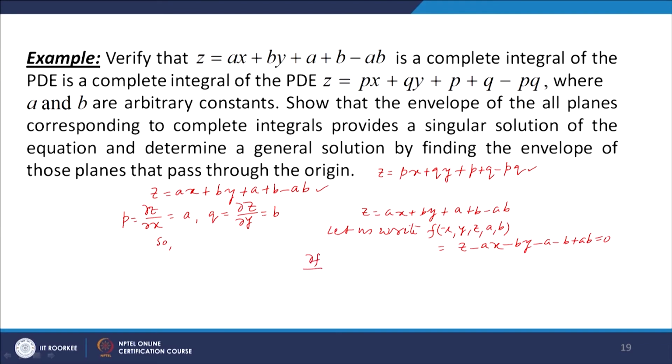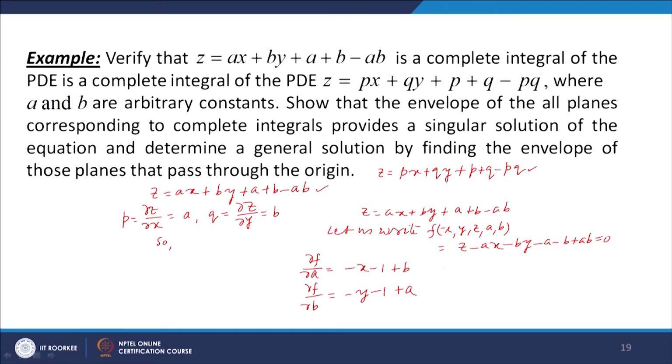So let us find the partial derivative of f with respect to a. What we get is minus x minus 1 plus b. And similarly, the partial derivative of f with respect to b is minus y minus 1 plus a.